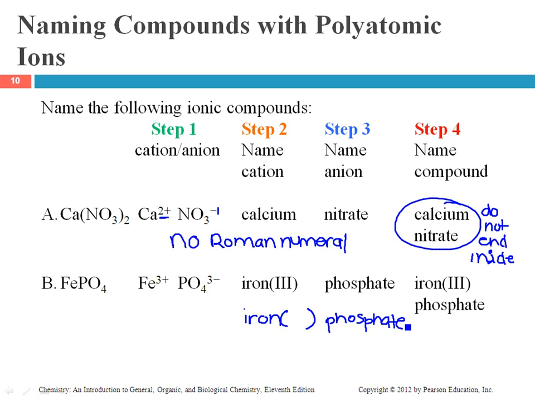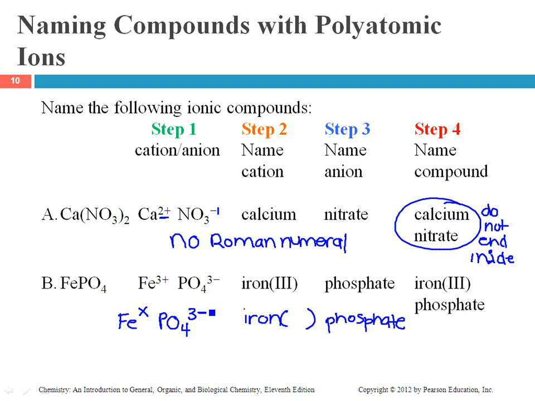What we've got to do here is find the ionic charge. This goes back to the previous videos. We've got Fe, and we don't know what this is yet. I'm just going to go ahead and give the answer because it's up there. We have Fe and we don't know, and then we have 3 minus. Where did that 3 minus charge on phosphate come from? It comes from your chart.